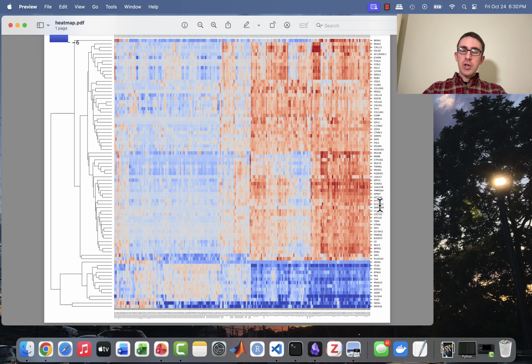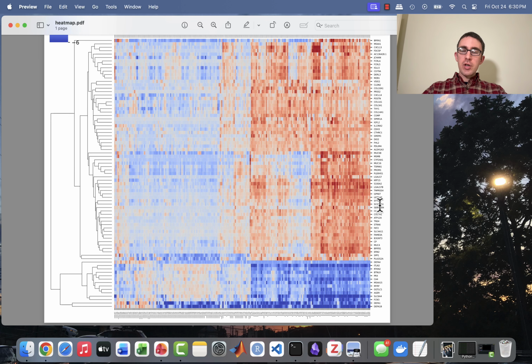We'll take the log2 of each sample measurement divided by the control mean, so that we get a log2 fold change value for each square in this grid, including the control samples. So we don't just want the log2 of the IPF mean over the control mean. We want the log2 of each particular sample measurement for a gene over the control mean for that gene.